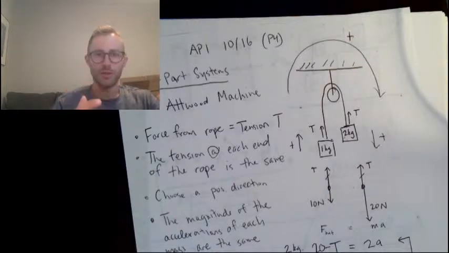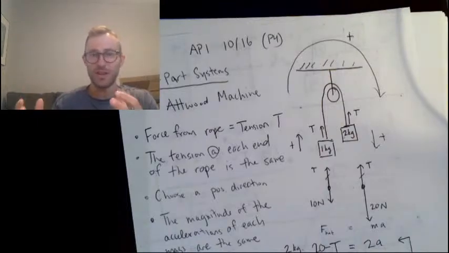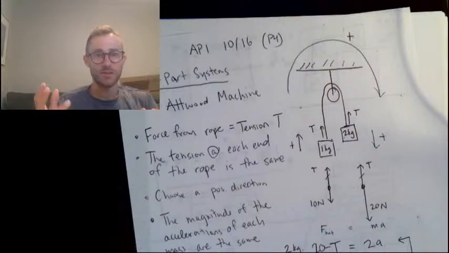Similarly, if I wrote a really complicated multi-part system problem with friction, you might not know if the system is actually going to move. It might be static friction or it might be kinetic friction. So you can get all these confusing scenarios where I don't know if it's actually going to move or not, or which way it's going to move.